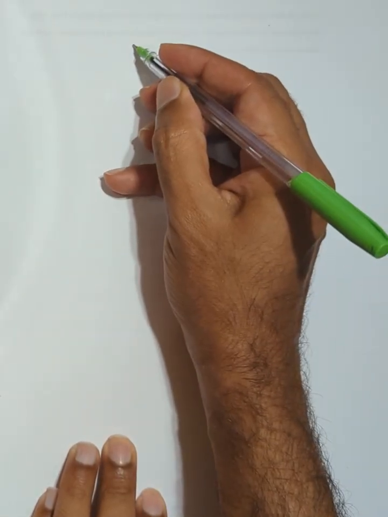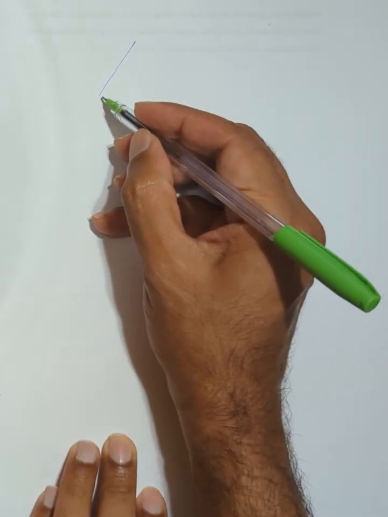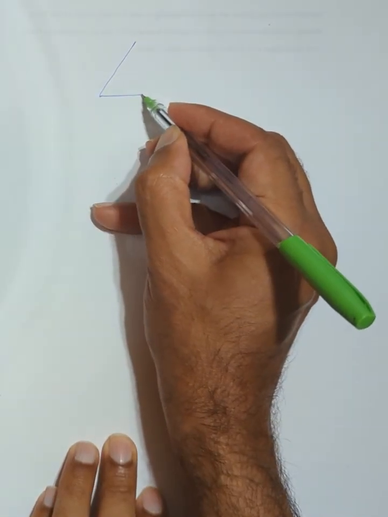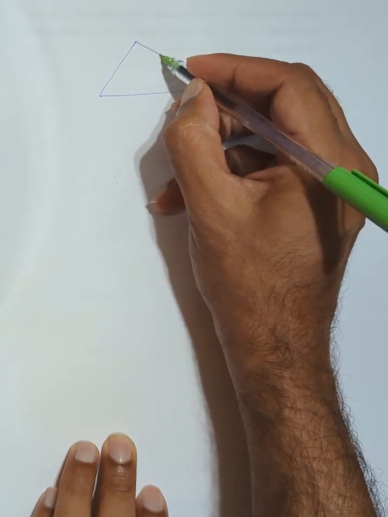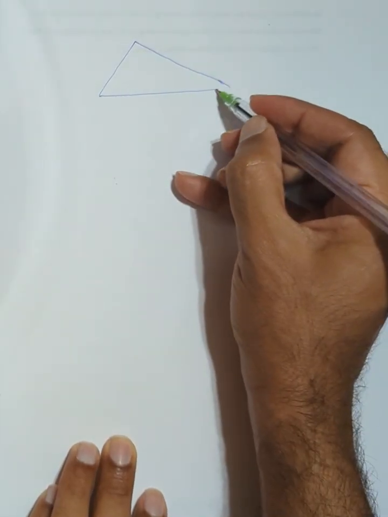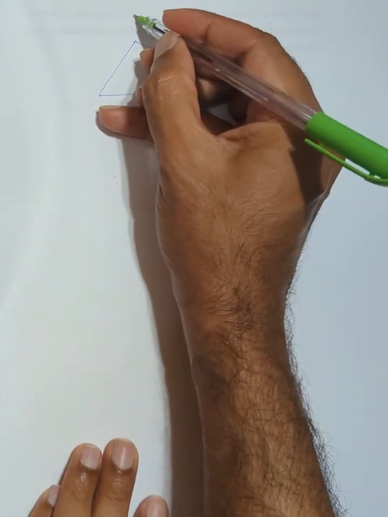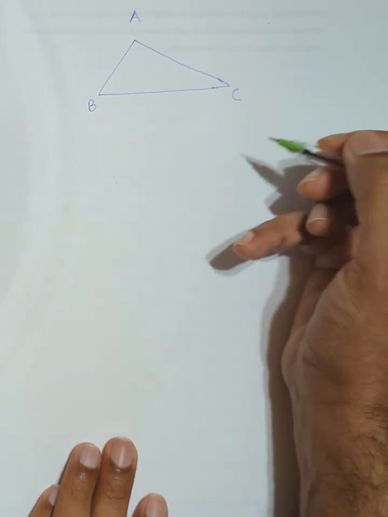A triangle, tri means three, angle means angle. So a triangle has three angles, and not just three angles, but it has three sides as well. So A, B, and C are the three angles of a triangle.